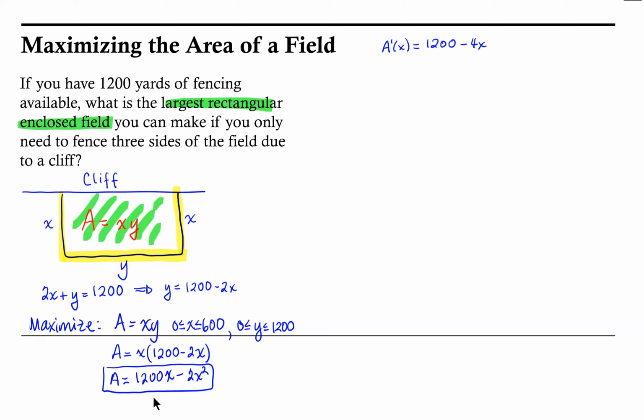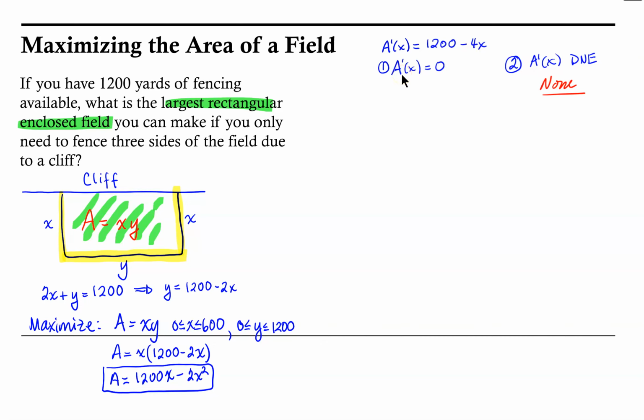We have two sources for critical points, the first being where the derivative is equal to 0, so A prime of x is equal to 0. The second being where A prime of x does not exist. Well, looking at our derivative here, it's a nice linear function and it's defined for all real numbers. So there are no critical points as a result of the derivative not existing.